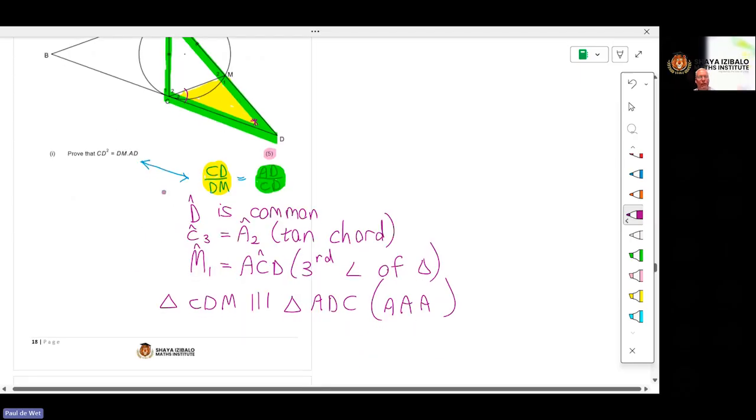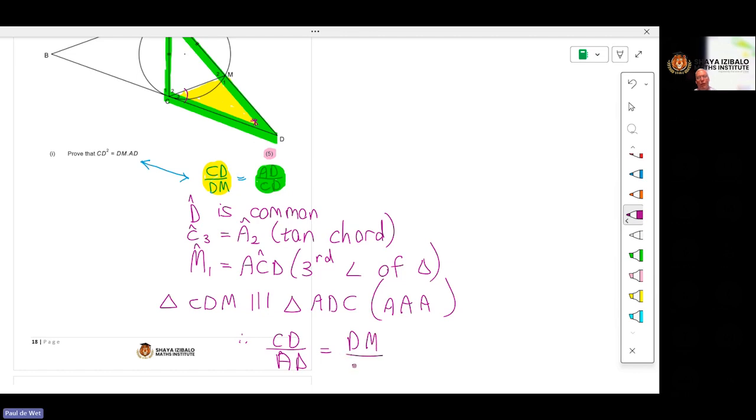Because remember, we're writing it so that the examiner can follow. Okay, now what? Okay, CD over AD equals DM over AC. Why can we do that? Why are we allowed to take the ratios out here? Well done. The triangles are similar.